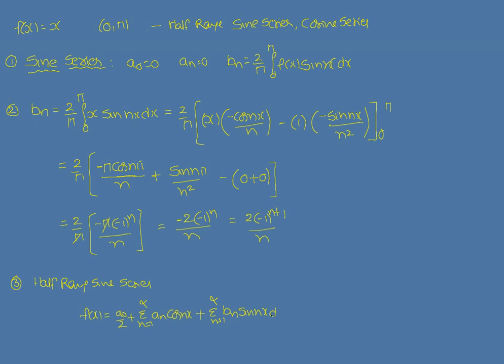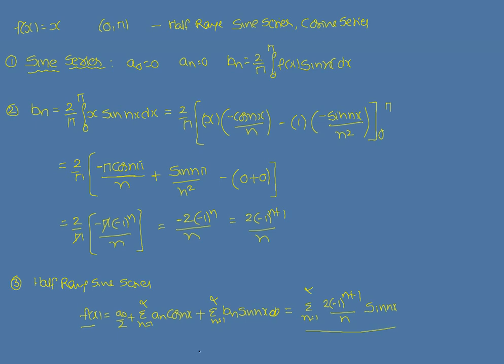Here a naught is 0 and an is also 0, so you are left with only the bn term. So bn is 2 into minus 1 whole power n plus 1 by n, into sin nx. This is the half range Fourier series.